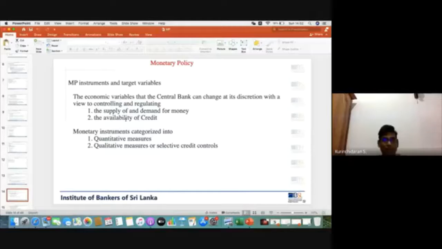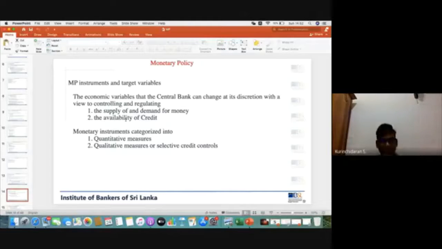Let's assume I just give you some background about the Central Bank of Sri Lanka. It has two main objectives. One is economic and price stability. The other one is financial system stability. The major one is economic and price stability, especially price stability.